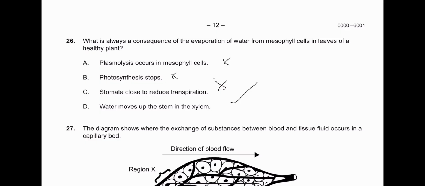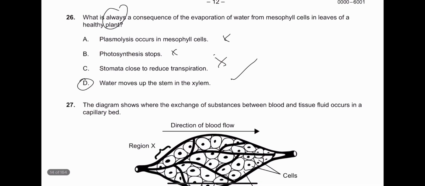The key here is to look at "always a consequence". When water evaporates, the transpiration stream is always going to pull up the water in the xylem. The other ones depend on the levels of transpiration and the levels of water in the plant, but this is always. So it's a key thing to look at the wording of the question.